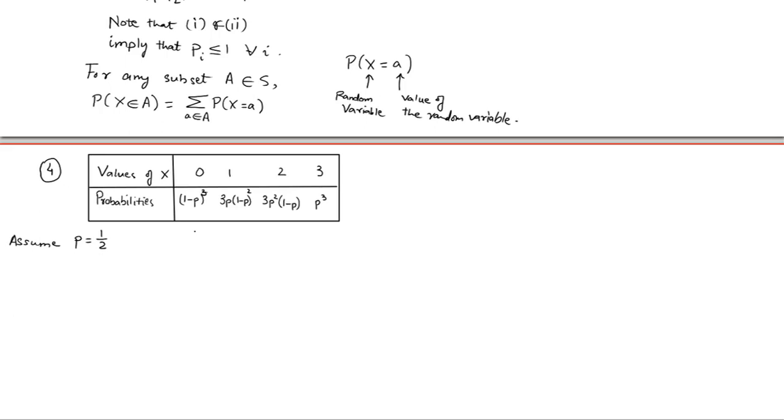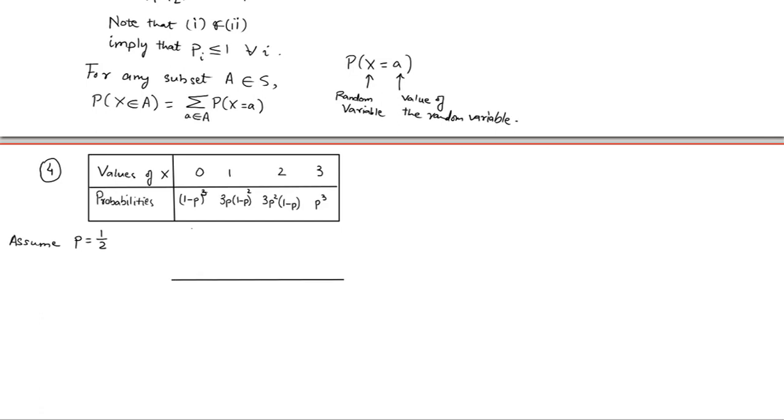What do you get here for 0? So (1 minus p) by 2, whole cube. And what's the answer? 1/8.